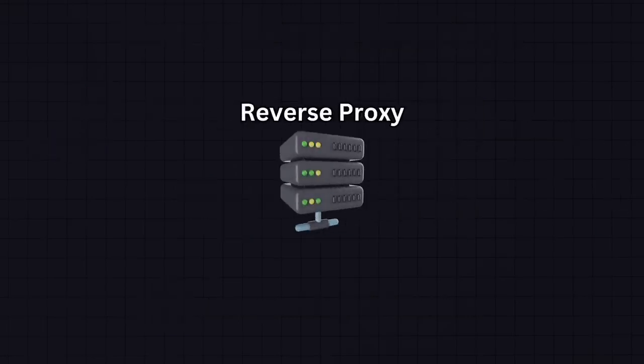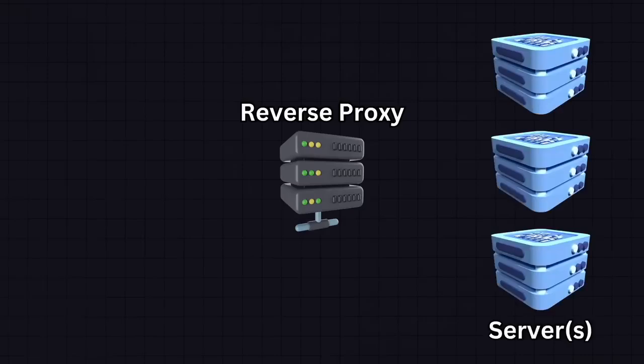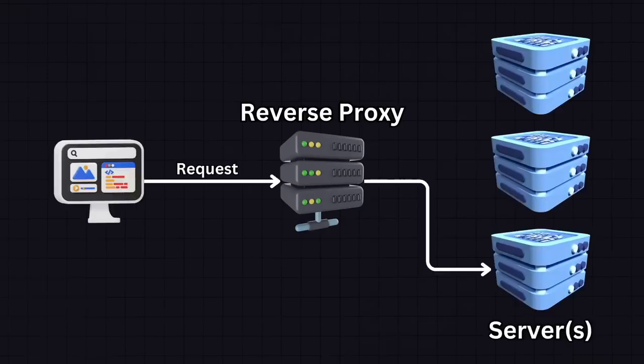On the other hand, a reverse proxy is a type of proxy server that sits in front of one or more web servers, intercepting requests from clients before they reach the servers. While a forward proxy hides the client's identity, a reverse proxy essentially hides the server's identity or the existence of multiple servers behind it. The client interacts only with the reverse proxy and may not know about the servers behind it.